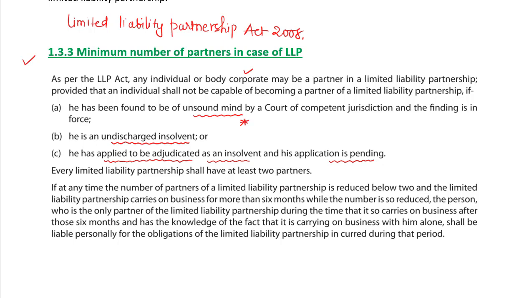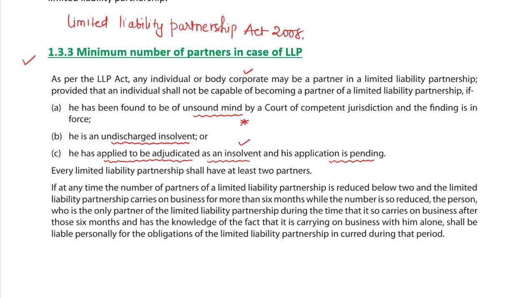He is an insolvent but still undischarged by the competent court. And third, he has applied to the competent court to declare himself as insolvent and the application is still pending by the court. In these three cases, he can't be a member of the LLP.